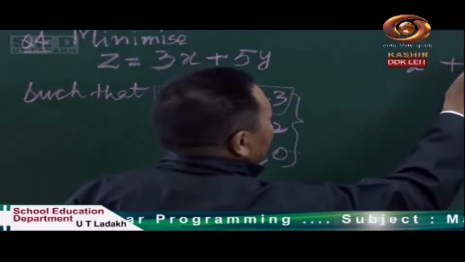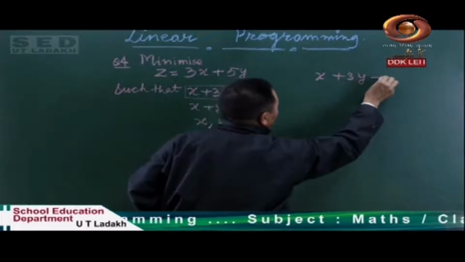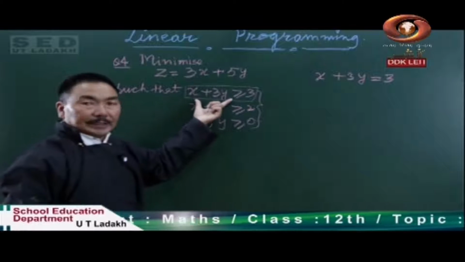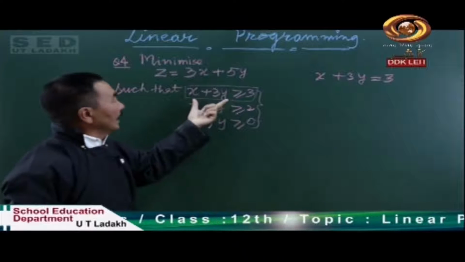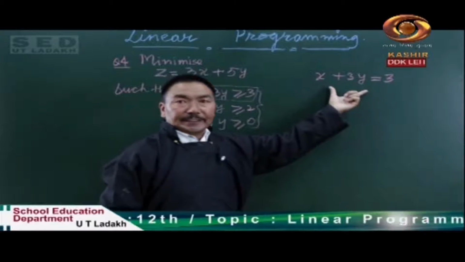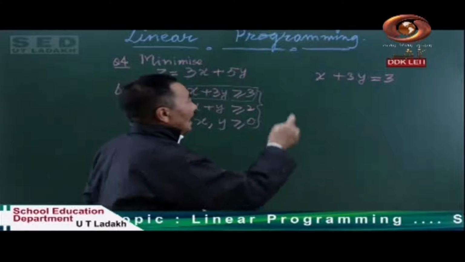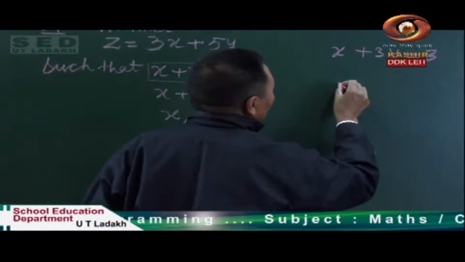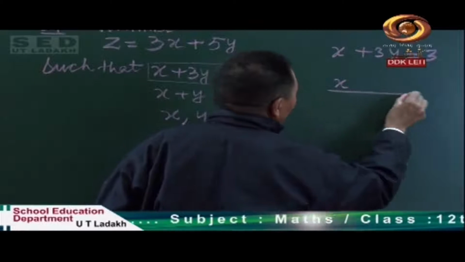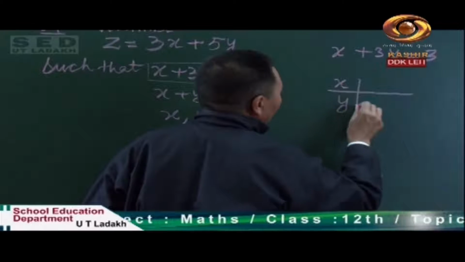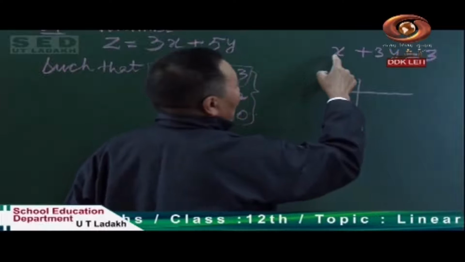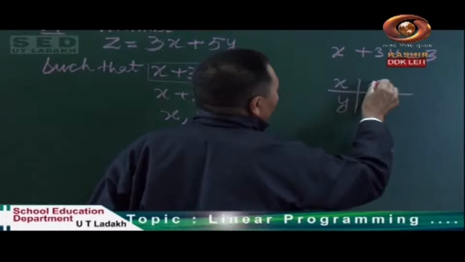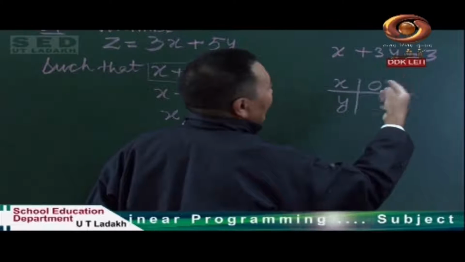x plus 3y is equal to 3. Here it is an inequality, but I have made it an equation. So I want to find out the coordinates of x and y. If we put the value of x equal to 0, then what will be the value of y?